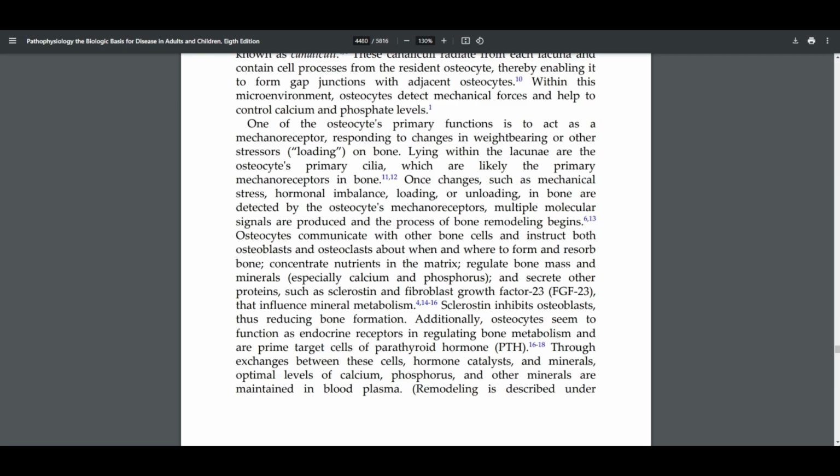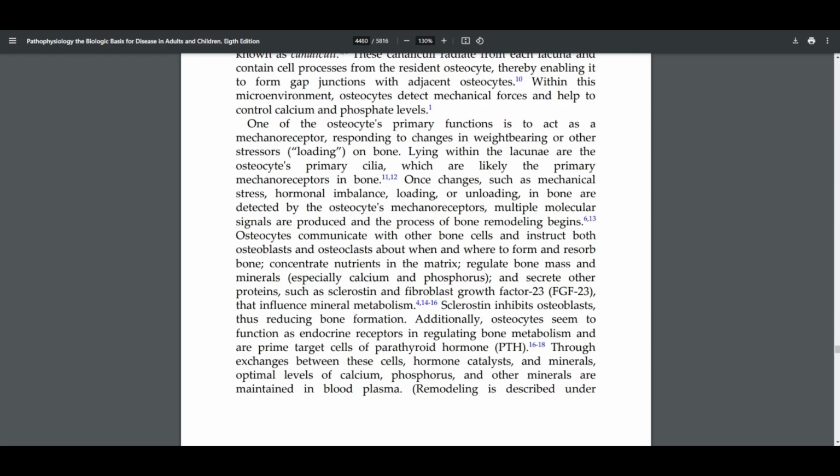Osteocytes communicate with other bone cells and instruct both osteoblasts and osteoclasts about when and where to form and resorb bone, concentrate nutrients in the matrix, regulate bone mass and minerals, and secrete other proteins such as sclerostin and fibroblast growth factor 23, which influence mineral metabolism.